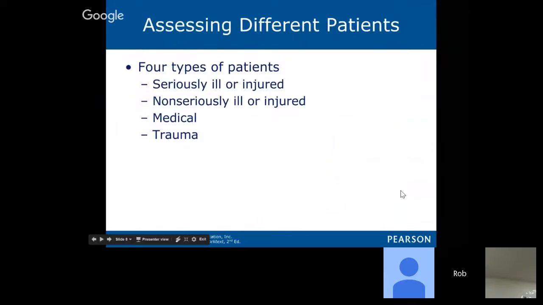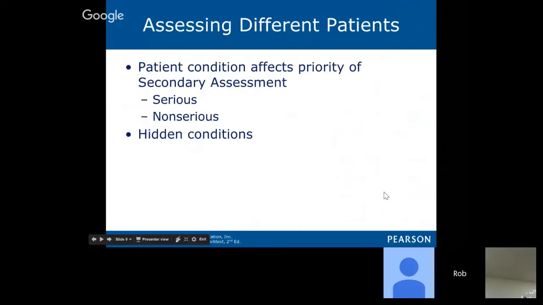So assessing different patients. Four types of patients: seriously ill or injured, non-seriously ill or injured, medical or trauma. Patient condition affects priority of secondary assessment. Serious versus non-serious. And then you're looking at your hidden conditions.